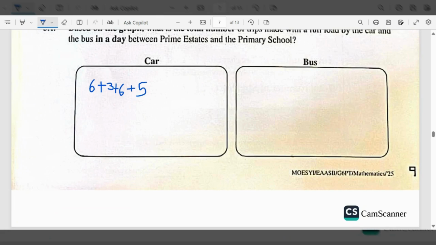So let's do the calculation. So that is 20 full trips.